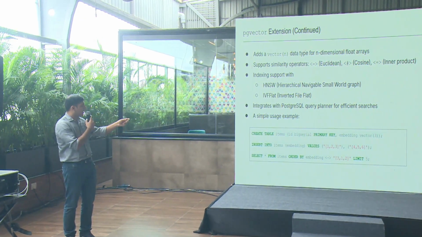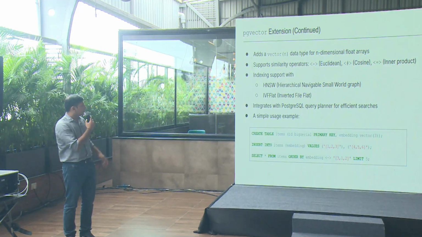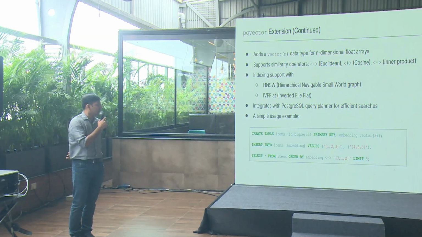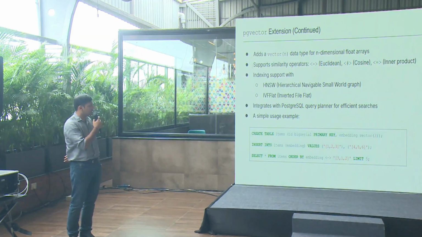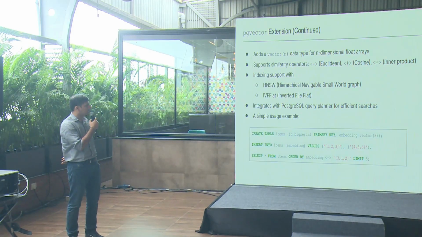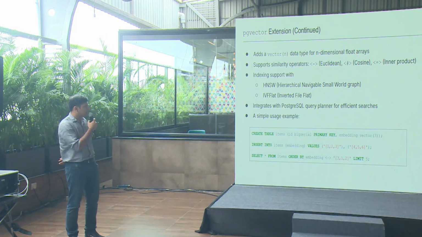Of course, you can use other operators there. It works with the PostgreSQL query planner for efficient searches. What that means is that the query planner is aware of the indexes and the operators that are used, so it can decide the appropriate plan.